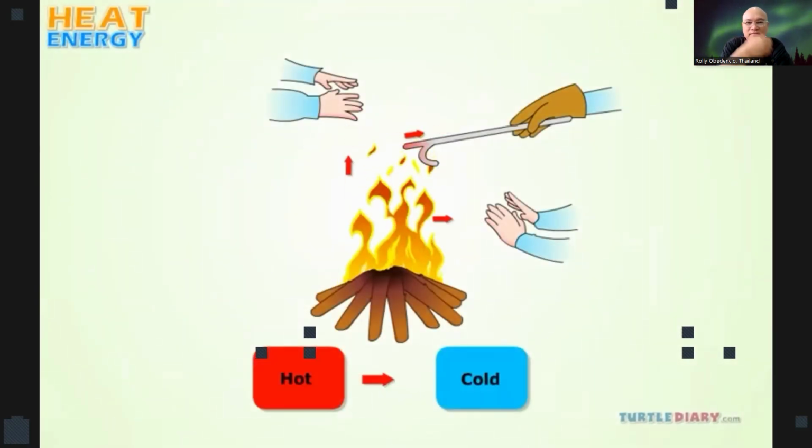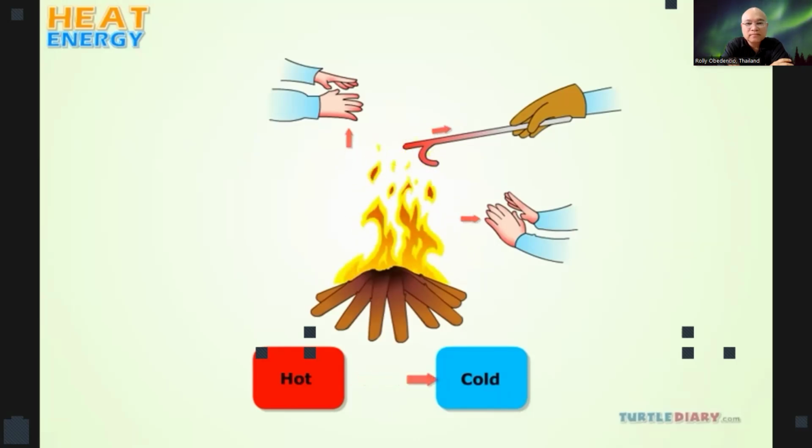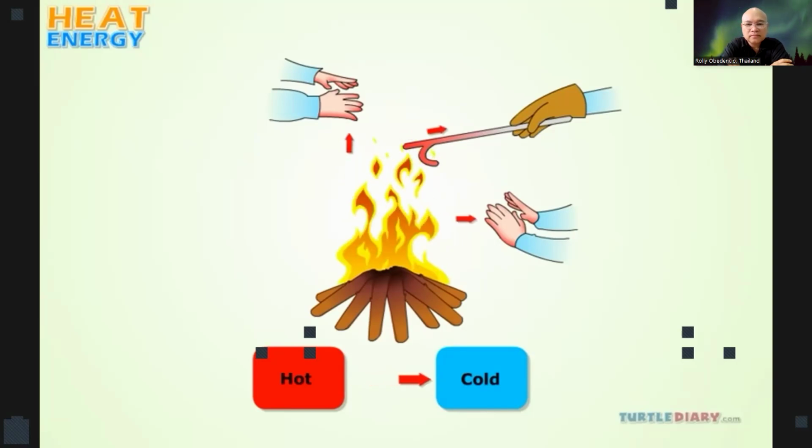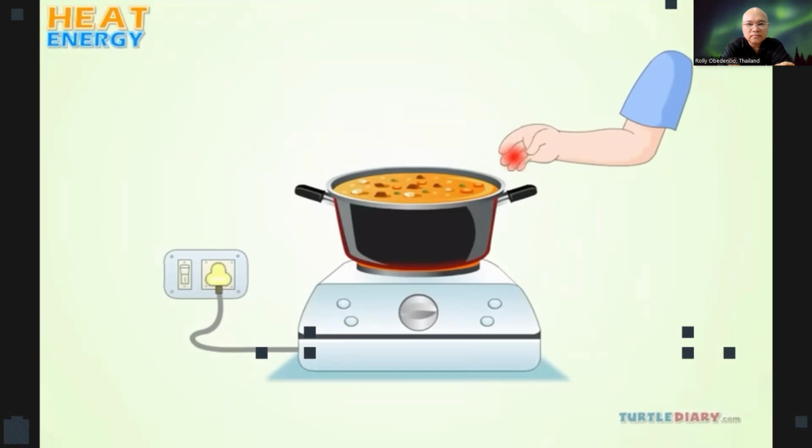Heat is actually a form of energy that is being transferred from a substance at a higher temperature to another substance or substances at a lower temperature. Have you ever touched a hot pot that was on a stove? What happens when you touch it? It burns your hand because the heat energy is transferring from the hot pot to your hand.